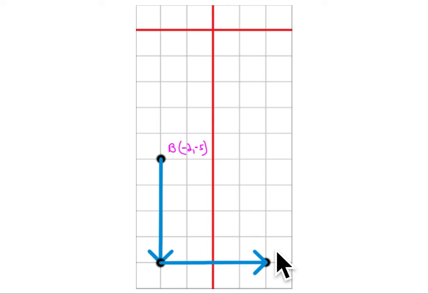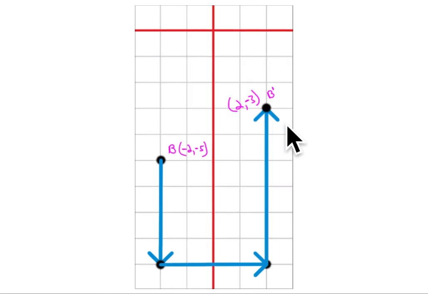So 6 units in the positive direction, let's say taking -9 and adding 6 to it. So -9 plus 6 is -3. So 1, 2, 3, 4, 5, 6. So you end up here at -3. So it goes right to there. So the coordinates are going to be 2, -3, and that's where B prime ends up.